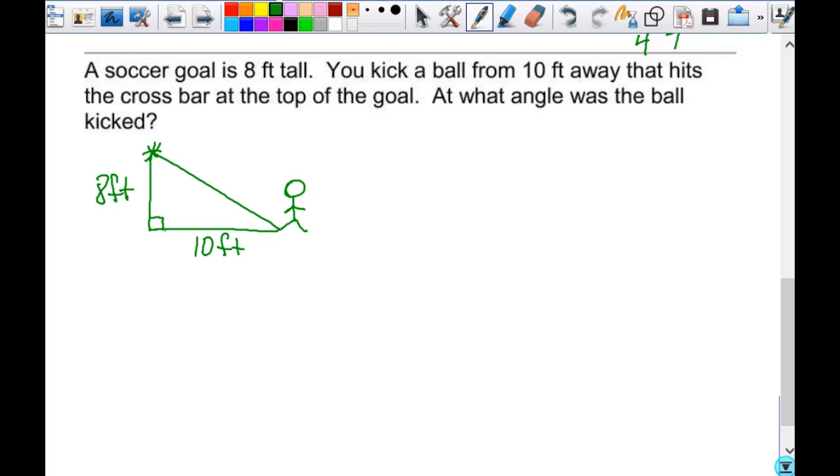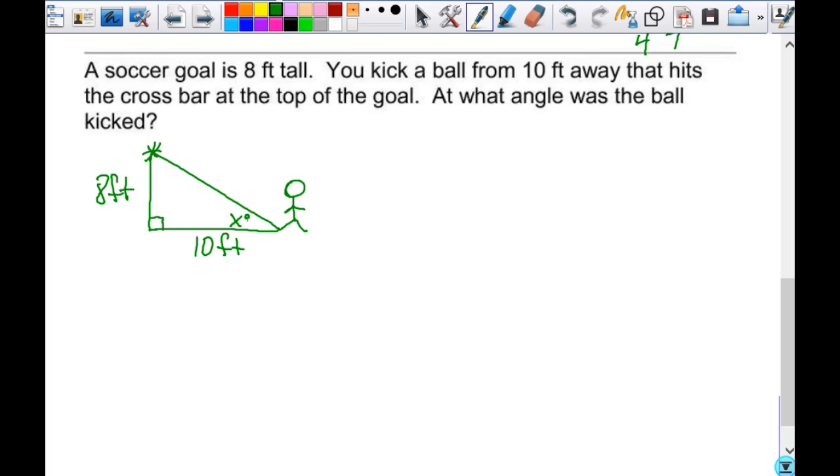It says at what angle was the ball kicked? So am I looking for the angle up here or the angle down here? Down there, right? Before you ask a question like, if it says to look for this, am I looking for the hypotenuse or what am I looking for? Think through what makes sense. Would anything else possibly make sense? Because that's what you have to do when you're at home and you can't ask anybody. Really think through if anything else makes sense.